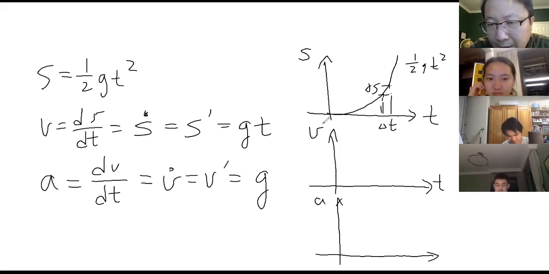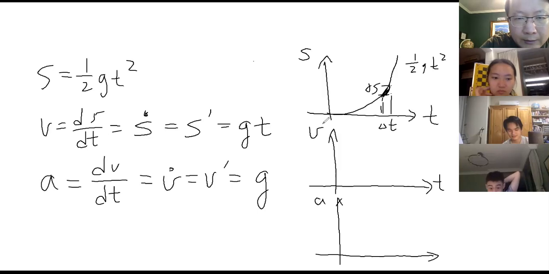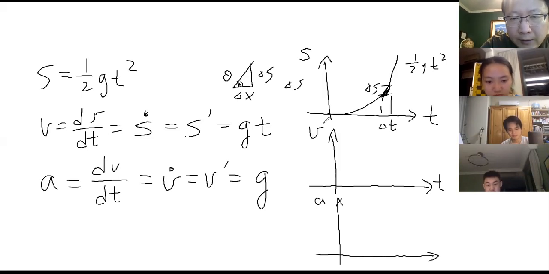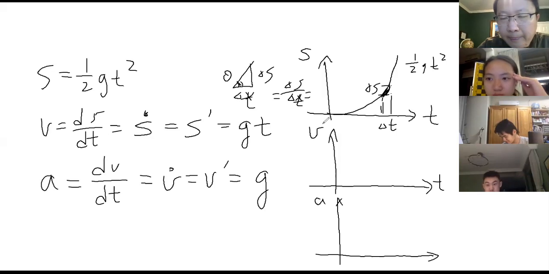So delta s divided by delta t is really the average slope, correct? If you look at that small triangle, horizontally moving, change delta t, vertically change delta s, delta s divided by delta t is basically tangent theta, right? So this is theta. Got it?